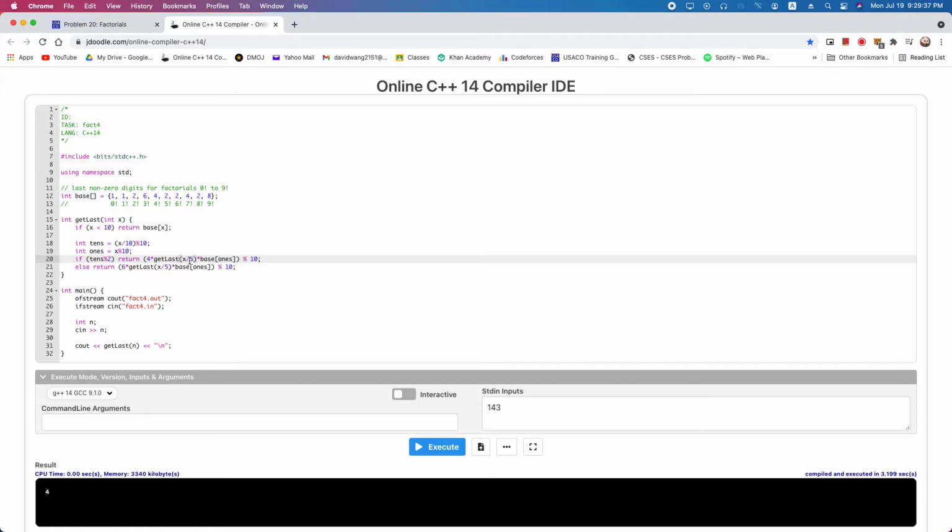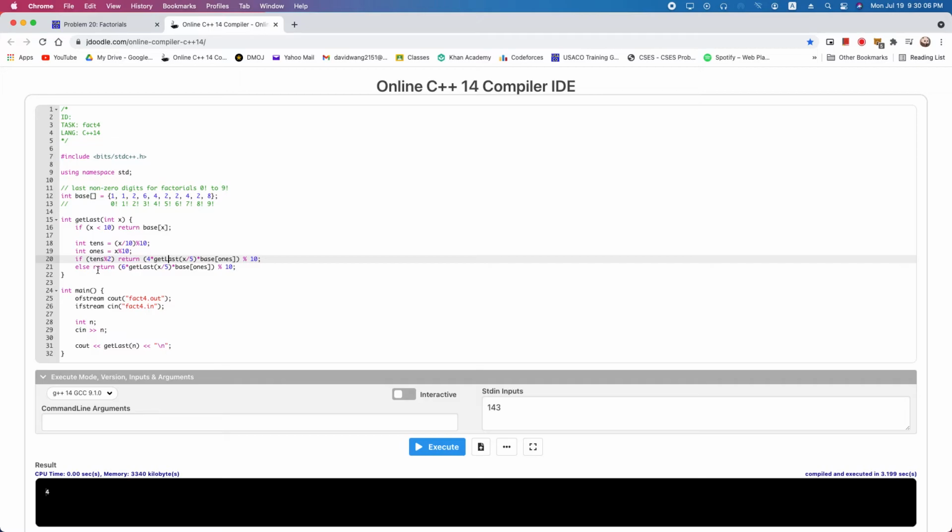This is all derived from the math, and as I said, it's really hard to prove right here. And you multiply it by the base of 1. Then we multiply by the last non-zero digit for the ones digit of x. Then we have to take this modulo 10 just in case we get a number that is greater than 10.